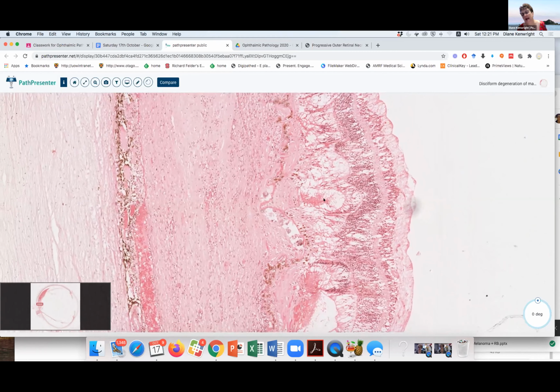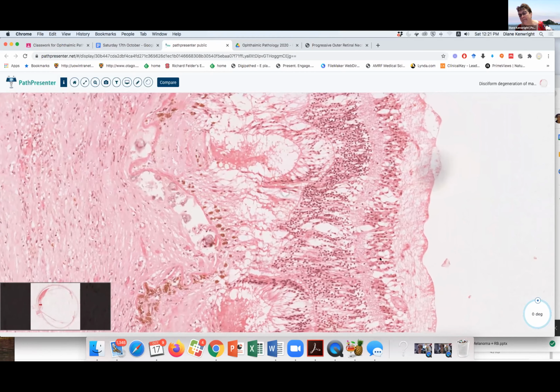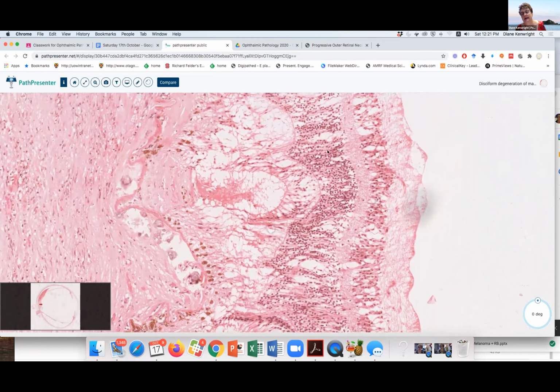We can see that there's lots of scarring in the retina itself here, with some cobwebby gliosis and disruption, particularly, probably this is the outer plexiform layer, the outer nuclear layer. These might be ganglion cells. I'm not sure, I've not looked closely here yet. But yeah, these are probably ganglion cells in a nuclear layer.